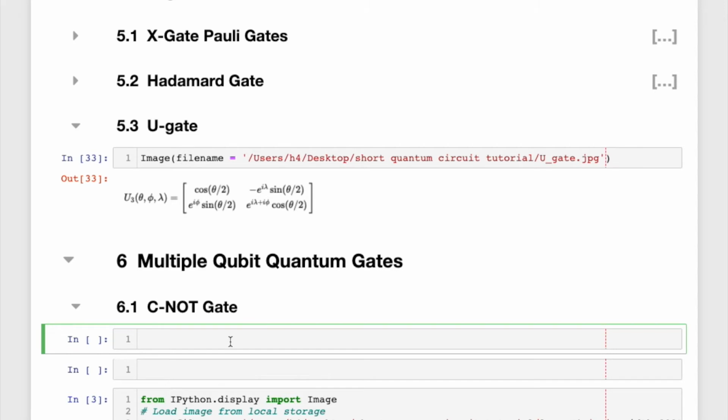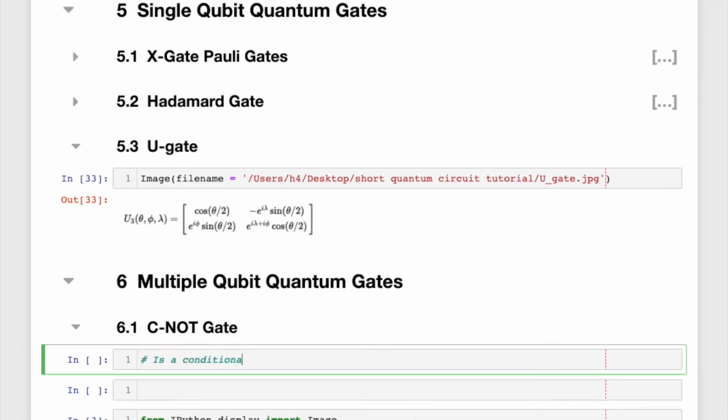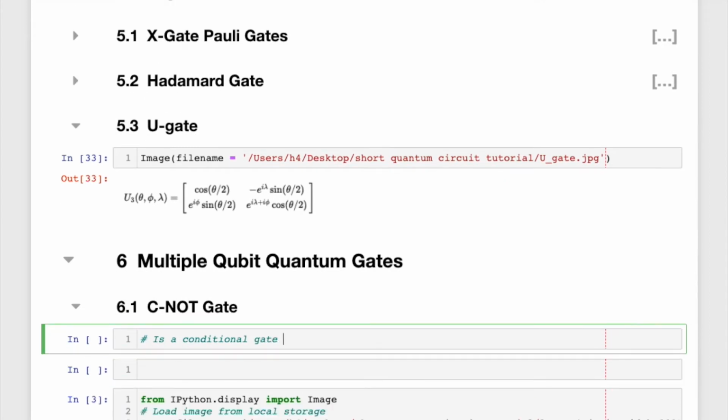The first time you see this, it's kind of difficult to understand, but it's actually easy. It's just like an if statement in the classical world. If you read it slowly, it's easy: a conditional gate that performs an X Pauli gate on the target qubit.